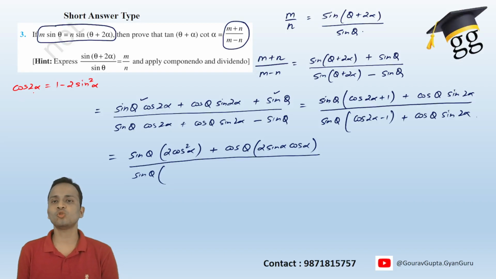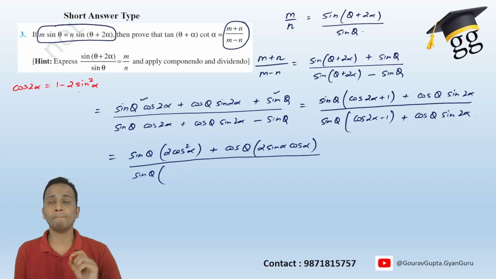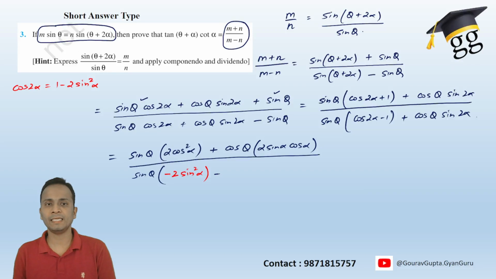So cos 2 alpha minus 1 will be minus 2 sine square alpha. This term is very important. That is why I've written it with a different color. And then the remaining part, cos theta, and then 2 sine alpha cos alpha.